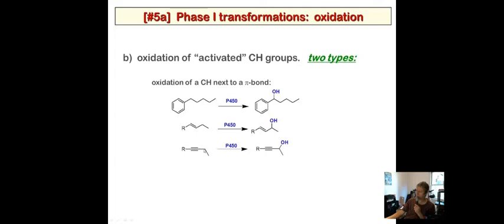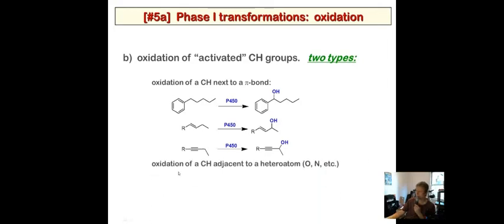Well, it's the same kind of rationale, that this is an activated position, and prone to oxidation due to radical stability. If this is benzylic and this is allylic, this is called propargylic. Propargylic, I think. Propargylic, okay? And all of these are due to a stabilized radical intermediate.